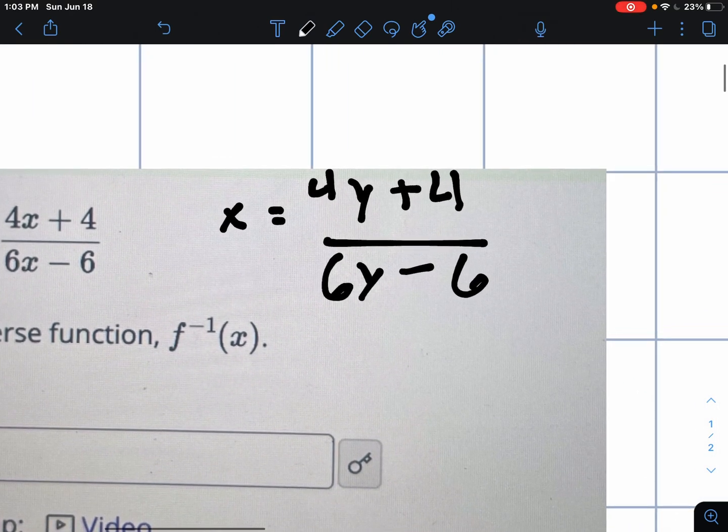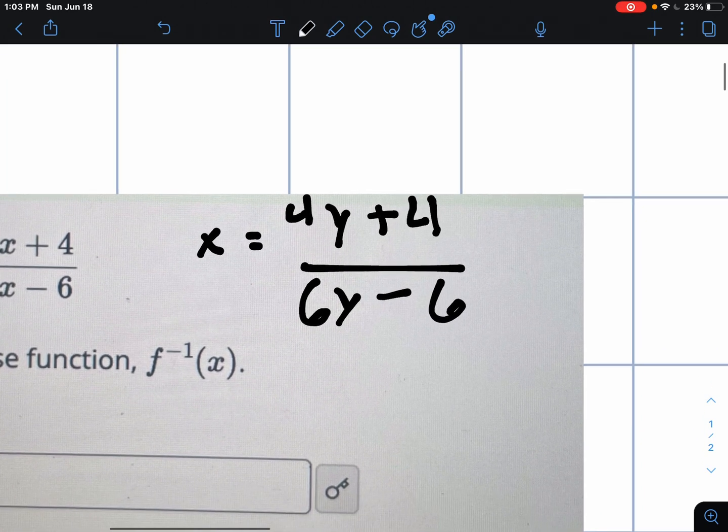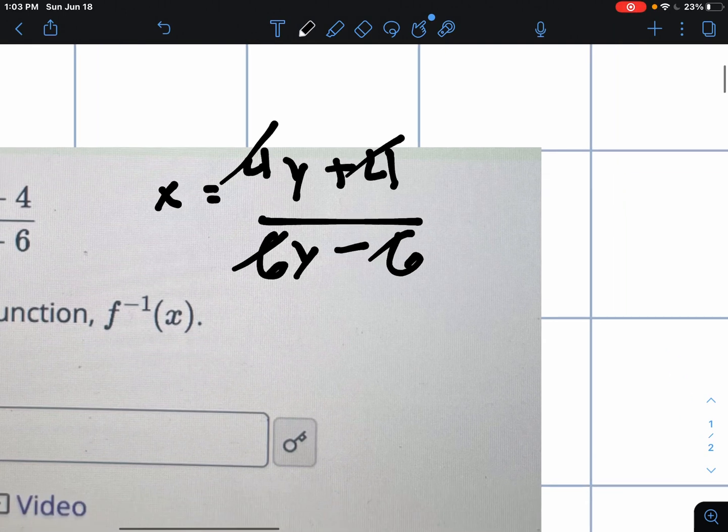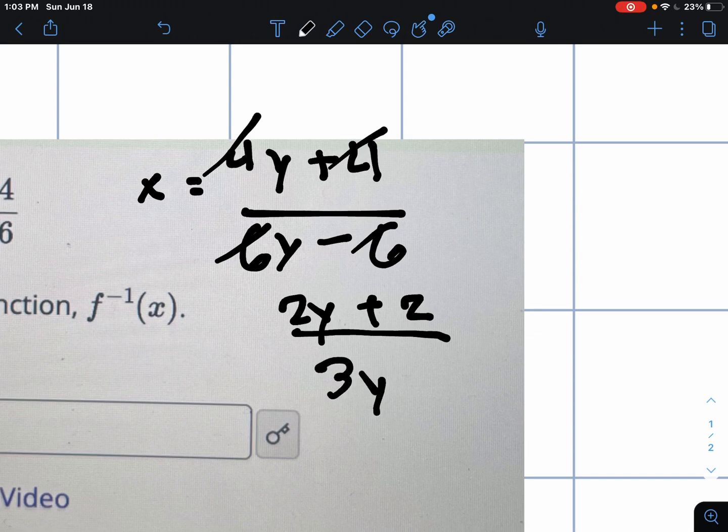First, I'm going to factor out 2 because, as you can see, 2 goes into all of these numbers evenly. That leaves us with 2y plus 2 over 3y minus 2.